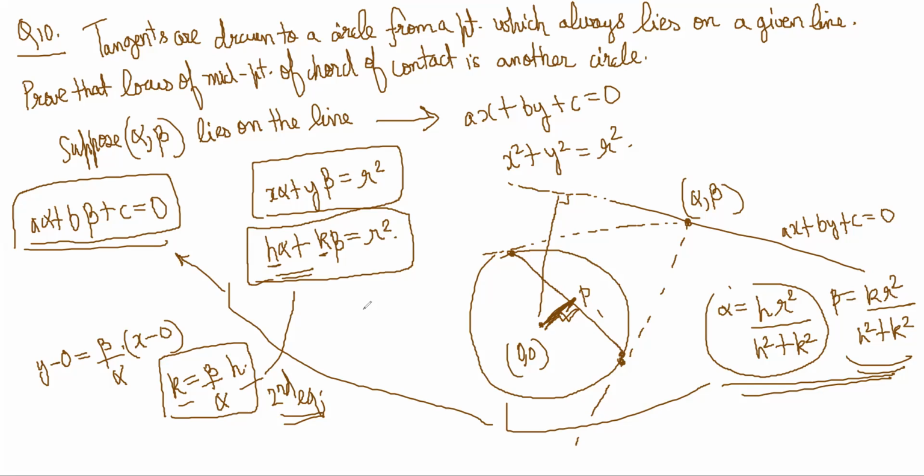So we have one equation, that is basically beta h minus alpha k is equal to 0. That equation I have told. I wrote the same equation because point P should lie on the chord of contact. P should lie on the chord of contact. That is this equation.